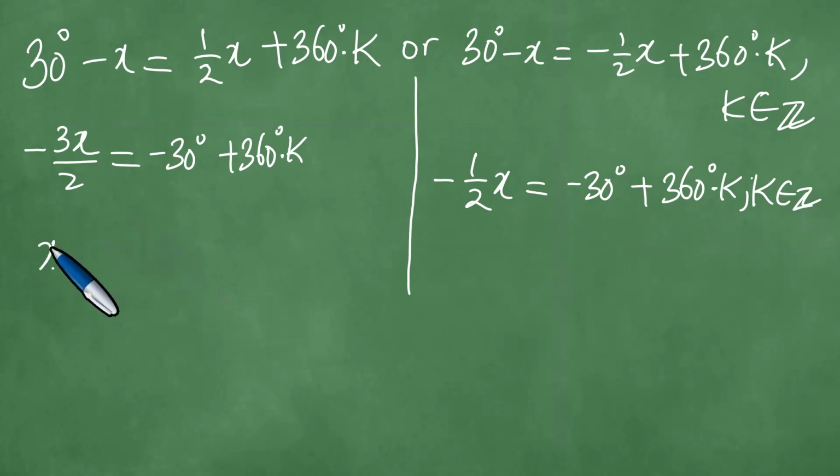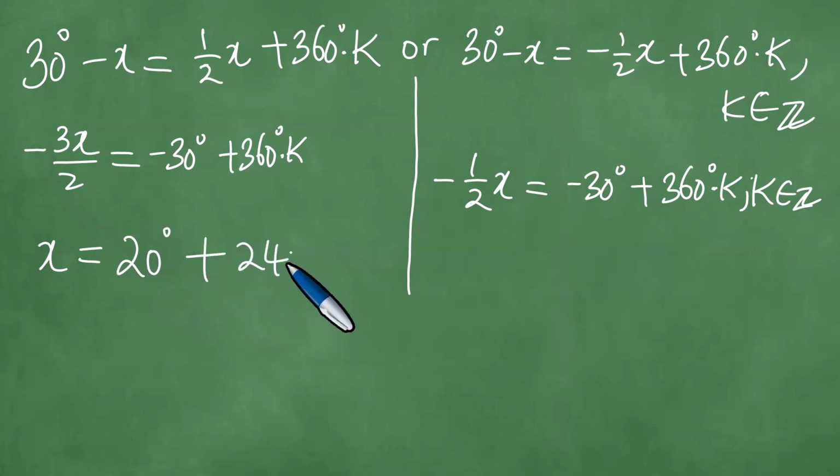Okay, you solve for x, and therefore we divide by minus 3 over 2, or we multiply by the reciprocal, that is negative, and we then get 20 degrees plus 240 degrees times k.